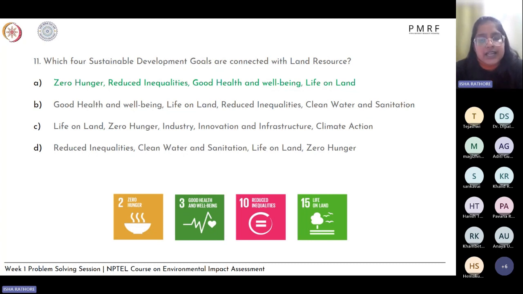And then 15, life on land, deals with the quality of land resource. So Sustainable Development Goals 2, 3, 10, and 15 deal with land resources. So you have zero hunger, good health and well-being, reduced inequalities, and life on land. A is the correct answer.